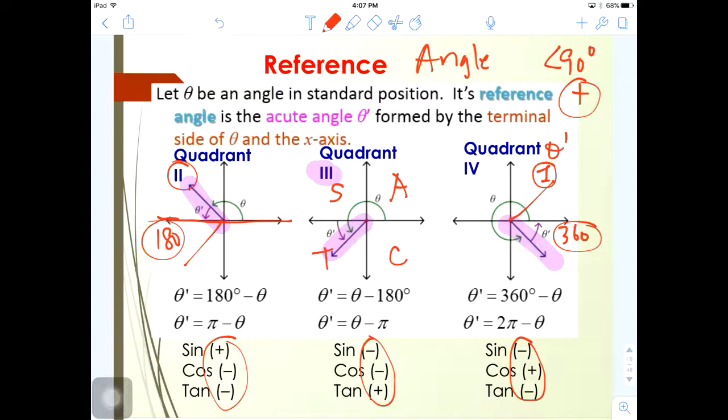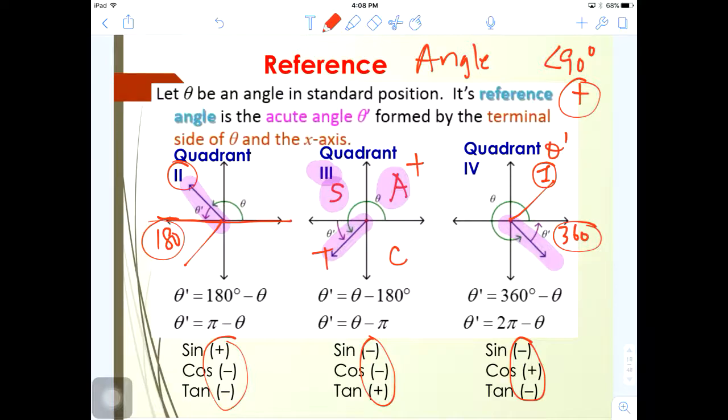So in quadrant 1, what this means is that everything is positive. That means sine, cosine, tangent, any trigonometric function you can think of, is positive.